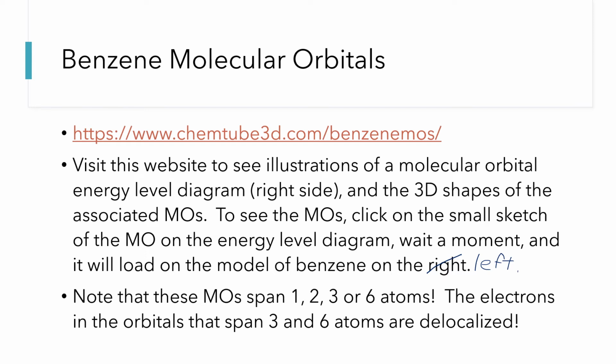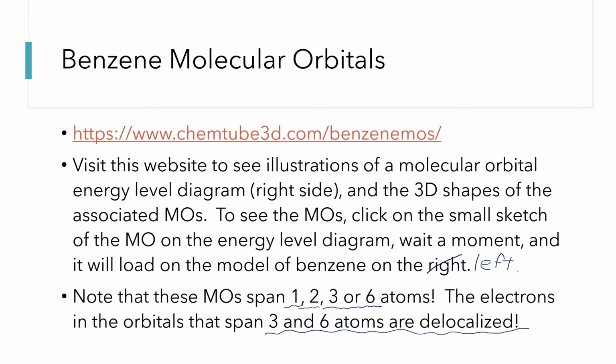If you look at these different molecular orbitals, there are some up high on the energy level scale that are just on a single atom, so they're basically just like atomic orbitals, some that span two, but some of these molecular orbitals span 3 or even all 6 atoms in that central carbon ring. We consider those electrons that are spanning multiple atoms to be delocalized.